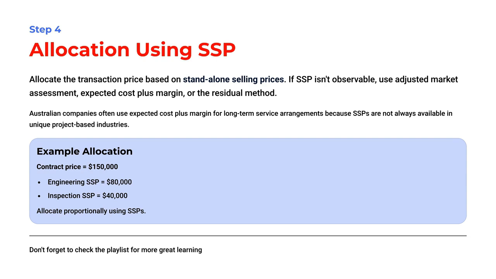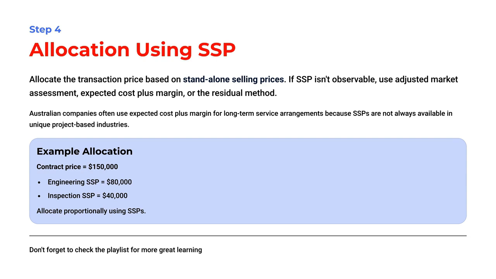Step 4. Allocation using SSP. Allocate the transaction price based on standalone selling prices. If SSP isn't observable, use adjusted market assessment, expected cost plus margin, or the residual method. Australian companies often use expected cost plus margin for long-term service arrangements because SSPs are not always available in unique project-based industries.